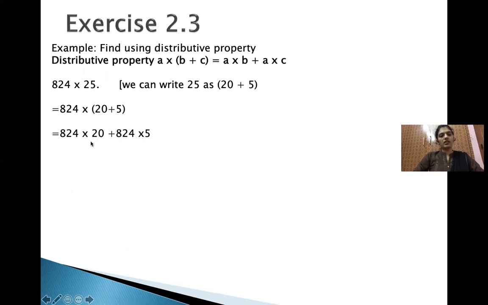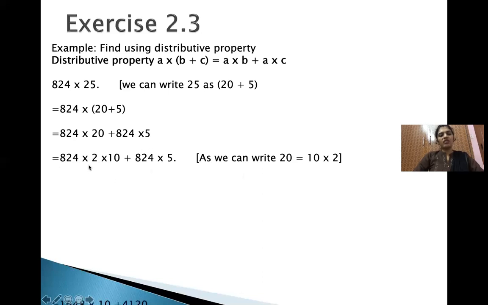So again we can write this 20 as 10 into 2. Here you can directly multiply this number with 20, or to make it more easier, you can write this number like this, then solve it. So 824 into 2 into 10 plus 824 into 5.